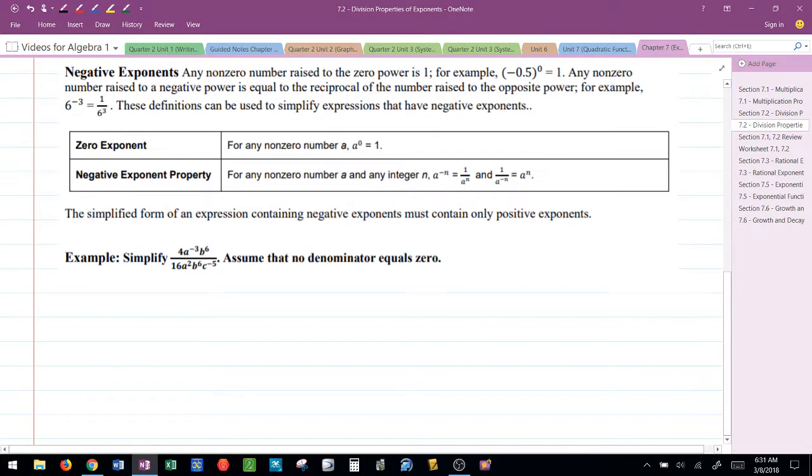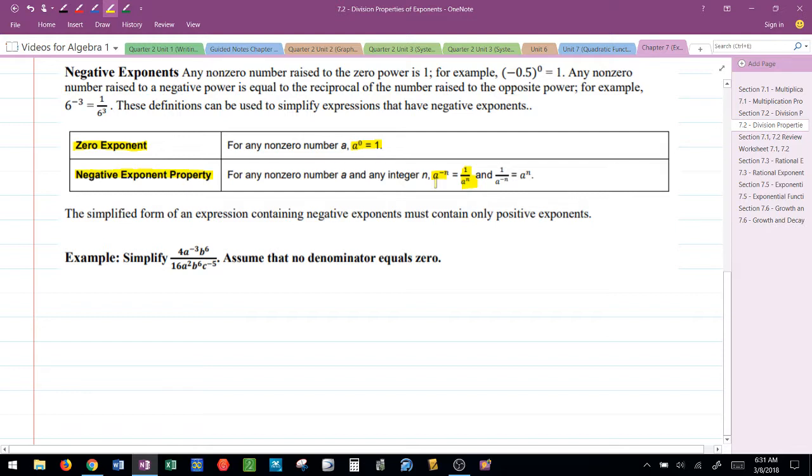The next thing we want to talk about is the idea of a zero exponent and a negative exponent. Let's start with the zero exponent. The rule is very, very simple. Anything raised to the 0 power is 1. But it's only that individual piece that is raised to the power of 0. The negative exponent rule says if you have a negative exponent, simply move it to the opposite of where it starts off.